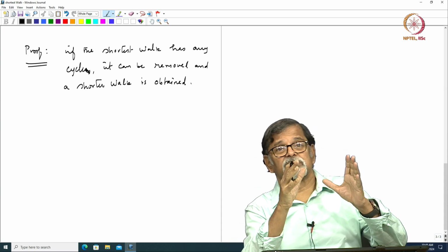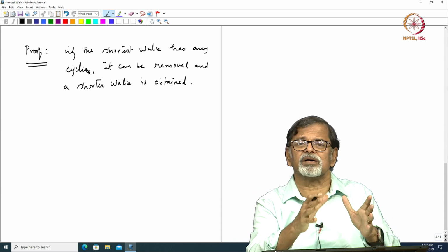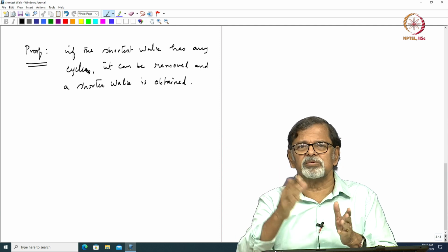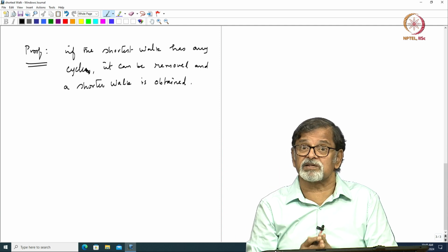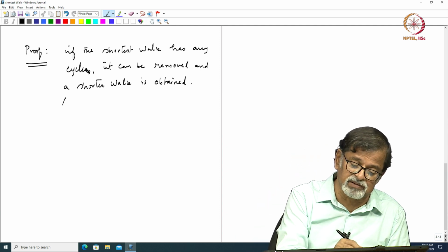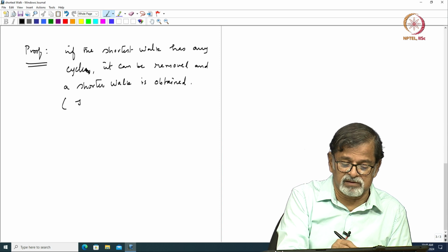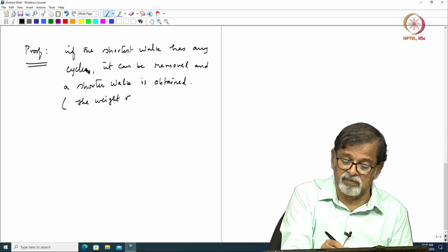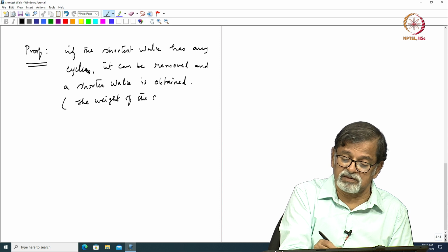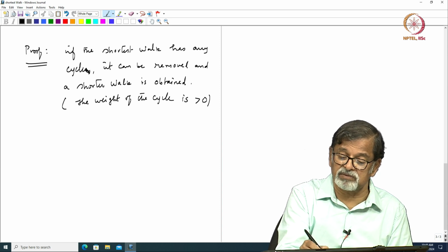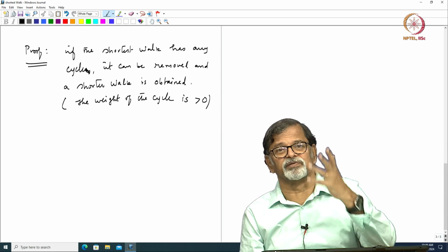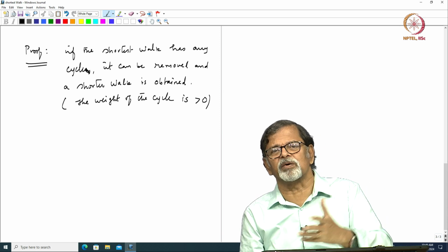If the shortest walk has any cycle, I can remove that cycle. The cycle has positive weight. This is because the weight of the cycle is positive. There is no zero cycle, there is no negative cycle. So, if at all there is a cycle, it will have a positive weight.